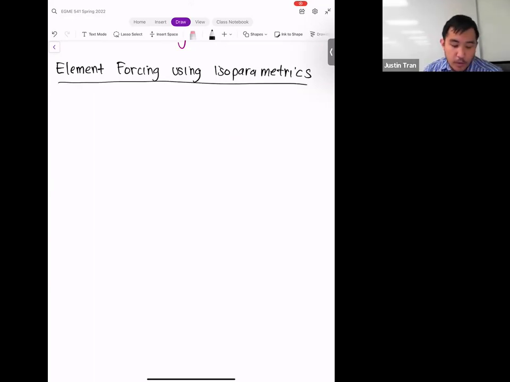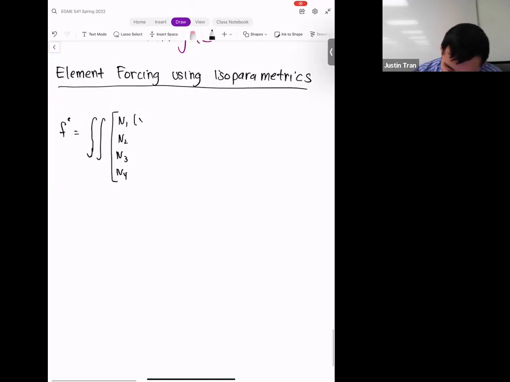Okay. So let me write out this general expression first in physical coordinates, and then we'll go through the same process of transforming that to the parent coordinates. Our element forcing vector in physical coordinates, first we have the thermal generation term. So this is going to be a double integral across our element of N1, N2, N3, and N4, and this is all a function of x and y.